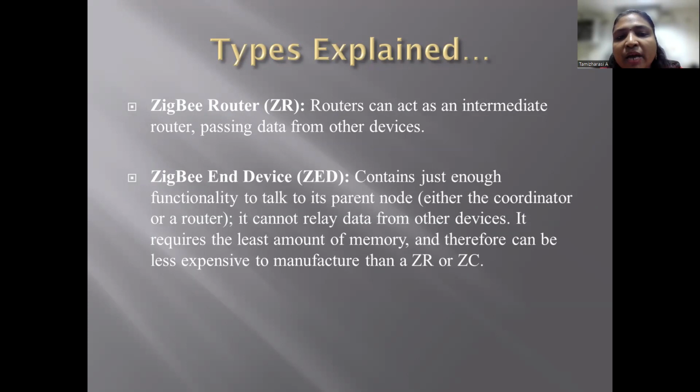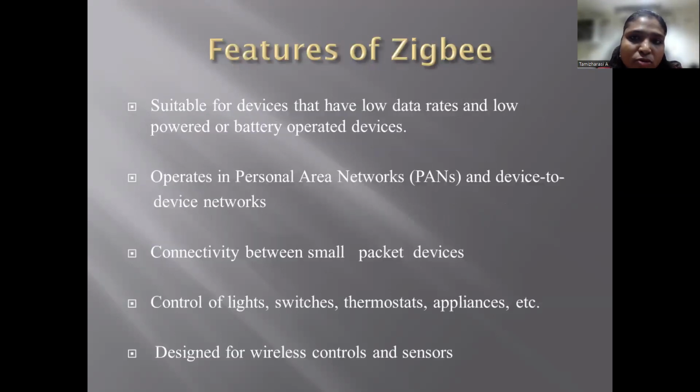The Zigbee end device requires a minimum amount of memory, and therefore it is very less expensive when compared with the Zigbee router or coordinator. So these are the three types of Zigbee devices: coordinator, router, and end devices.